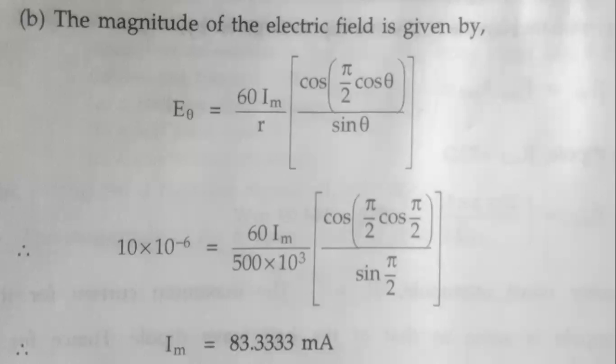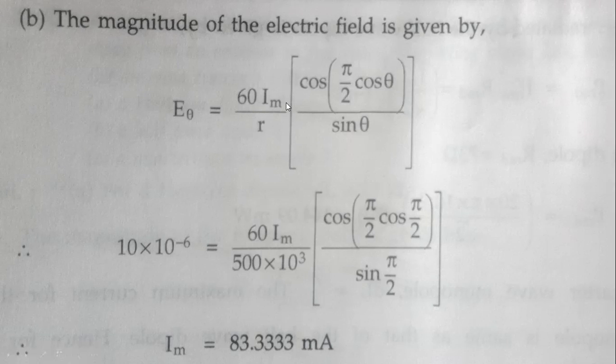Now go for the second part, the magnitude of the electric field. The electric field magnitude is already given as 10 microvolt per meter, so 10 into 10 raised to the power minus 6. What is the derived expression for the electric field intensity of a half wave dipole? It is 60 Im by r, cos of (pi by 2 cos theta) divided by sin theta.